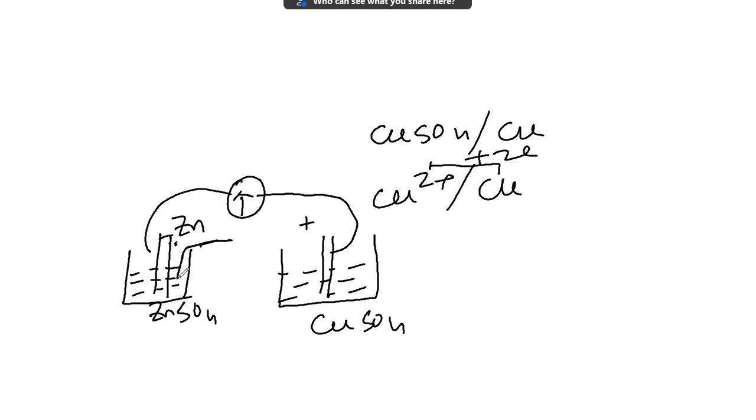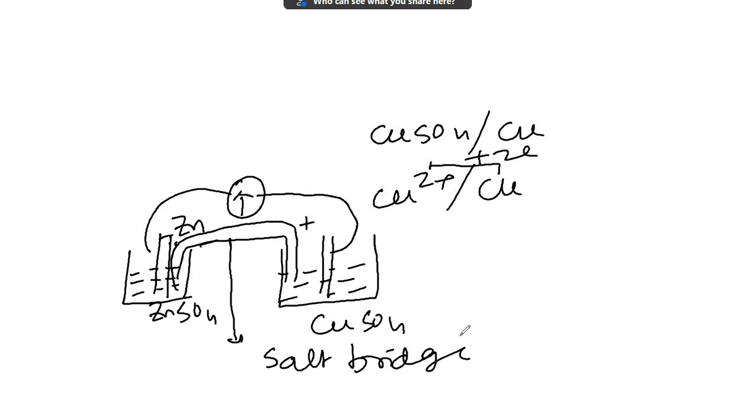These two are connected by means of a salt bridge to obtain continuous current. The salt bridge contains salt of a strong electrolyte.